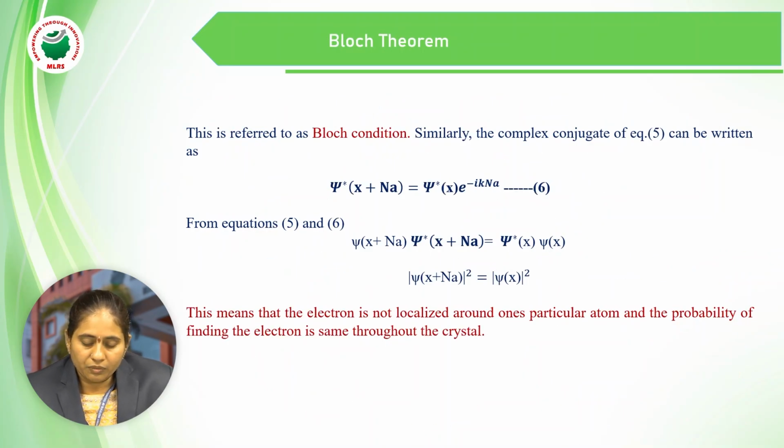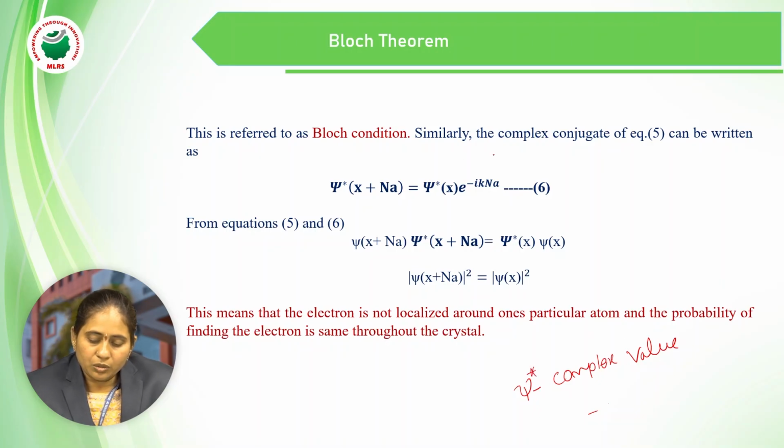Similarly, we can write the wave equation. The wave function psi has a complex value; complex value means if you take i, the complex conjugate has minus i. So psi is the wave function and psi star is its complex conjugate.